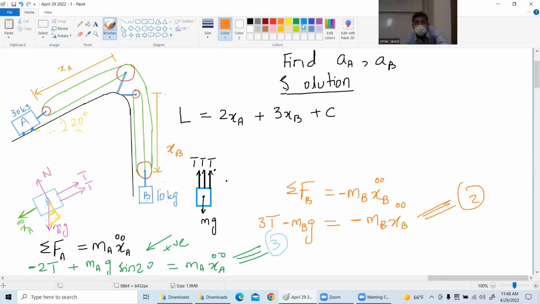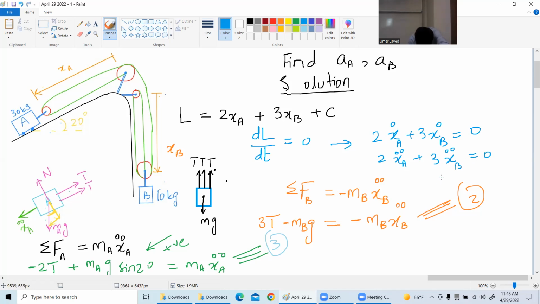And last but not least is my last equation. I wrote this. I will repeat that L equal to 2XA plus 3XB plus C, and DL by DT equal to 0, and that will give me 2AA plus 3AB equal to 0.